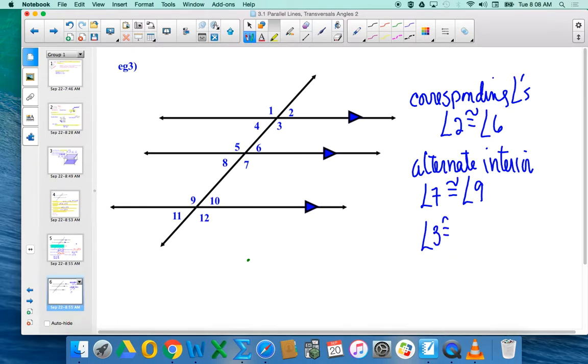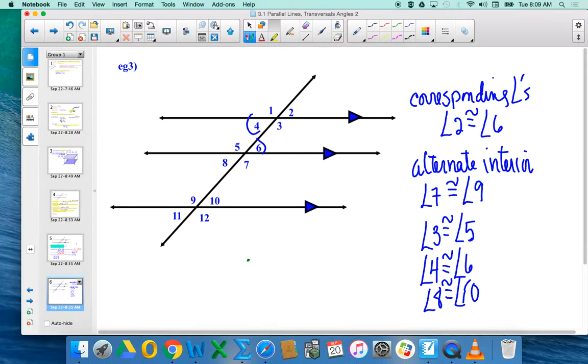That's what I was going for. 4 and 6. 8 and 10. Those are alternate interior. Alternate meaning on opposite sides of the transversal. Interior meaning on the inside of the parallel lines.